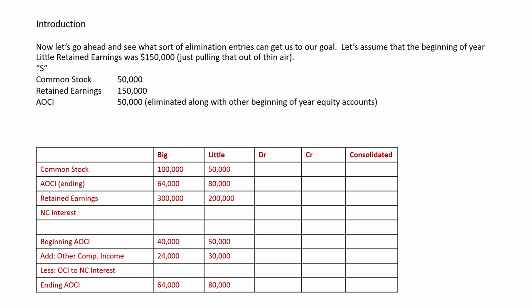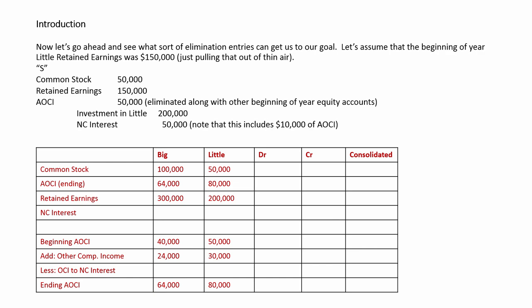But we're also going to eliminate the subsidiary's beginning of year accumulated other comprehensive income. Again, accumulated other comprehensive income is an equity account, and in this S entry, we eliminate the beginning of year subsidiary equity accounts. So on the debit side there, we have a total of $250,000, and that $250,000 is going to be split 80-20 between the parent's investment account and the non-controlling interest.